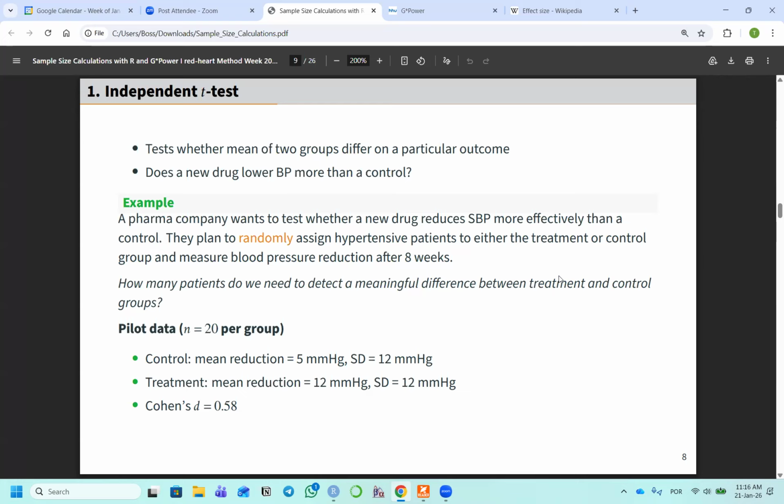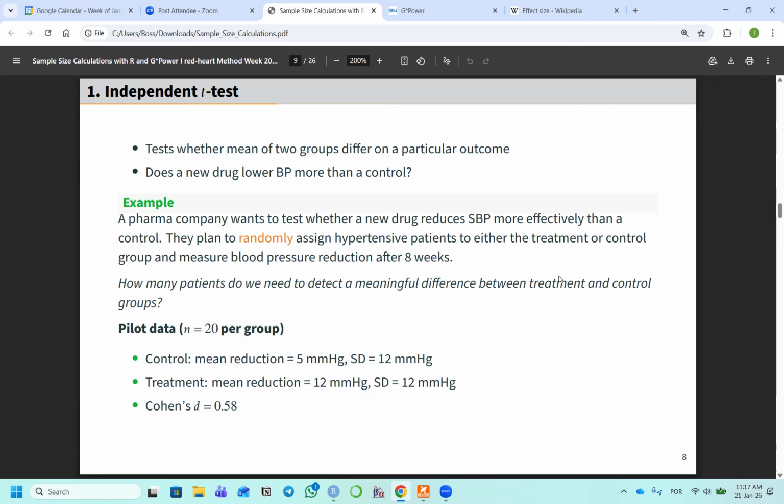I will calculate the summary statistics, and as a researcher, I will ask myself, are these two groups statistically different? That is the question I have in mind. If this is my question, how many observations do I need to find a meaningful difference between these two groups? That is what I'm thinking at the back of my mind.